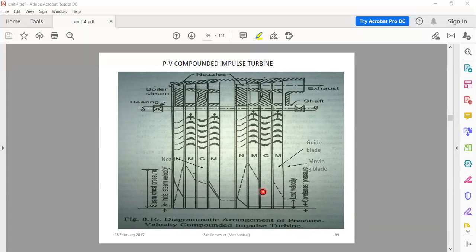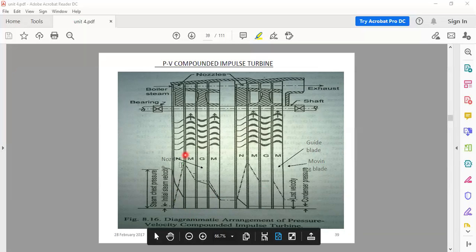See, after that, once again we have used a nozzle. In the nozzle, kinetic energy increases. After that, steam passes over the moving blade. After that, steam passes over the guide blade. Once again, the moving blade, and we have controlled the velocity of the steam and pressure of the steam.